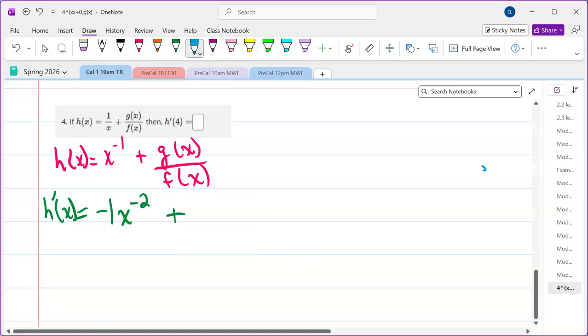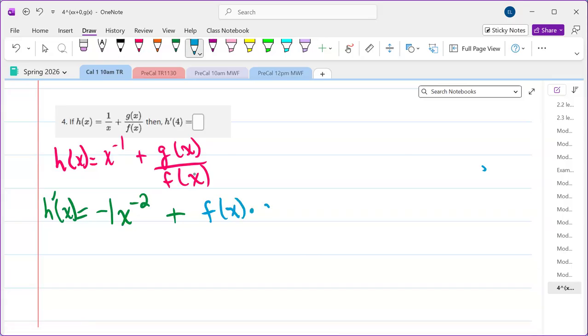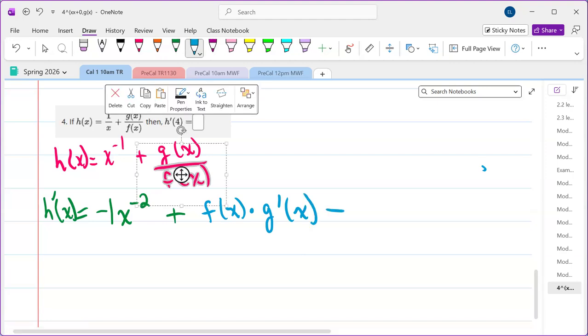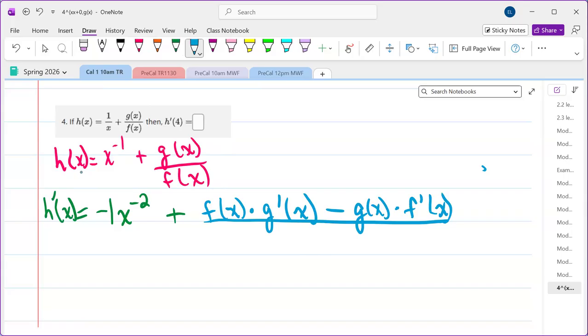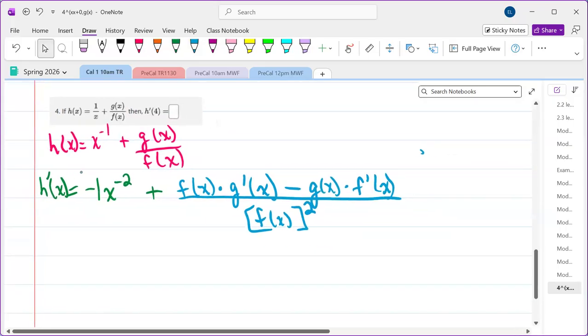So low is f of x times d high is g prime of x minus high d low, so g of x times f prime of x over square the denominator, so that's f of x squared. So that is our derivative.